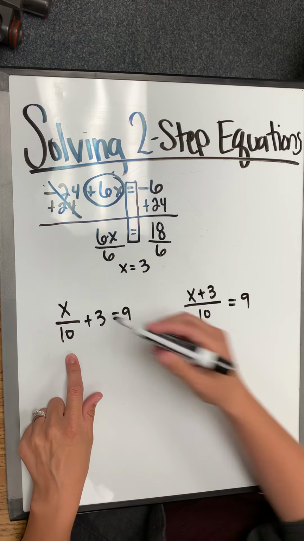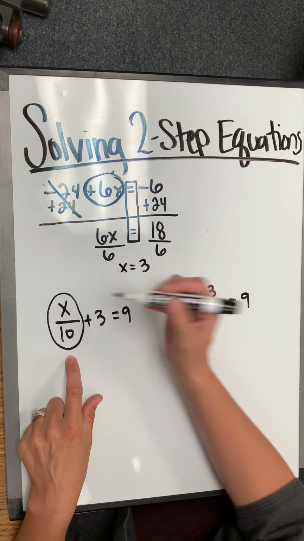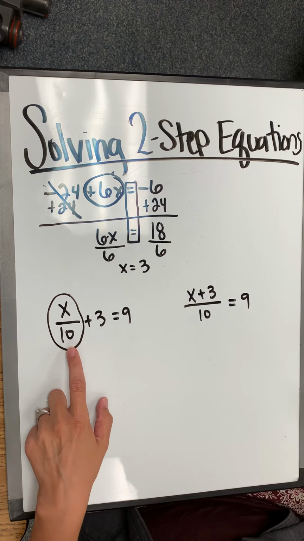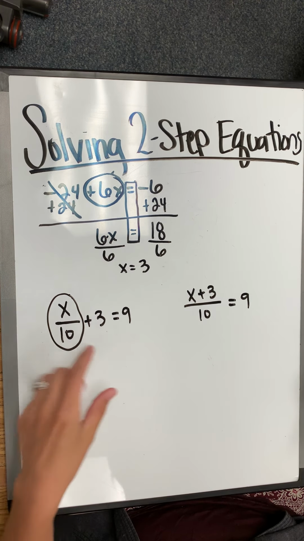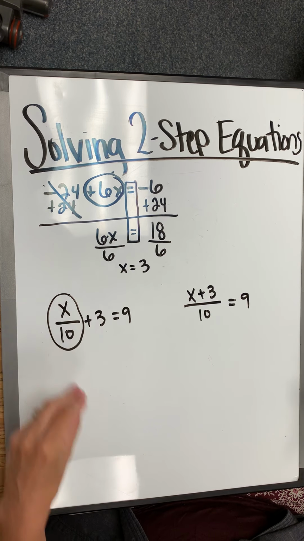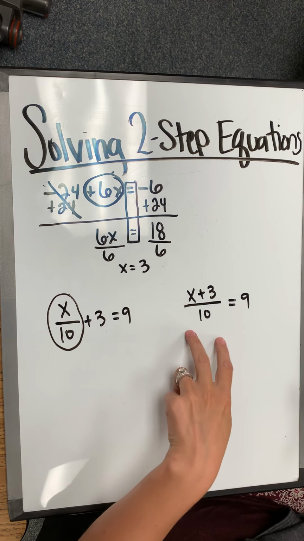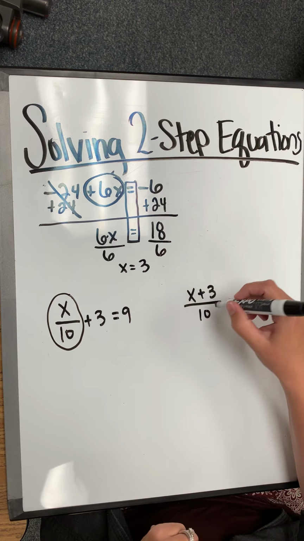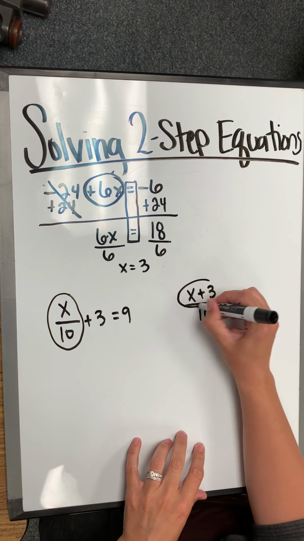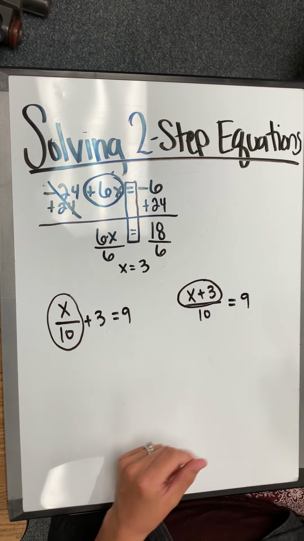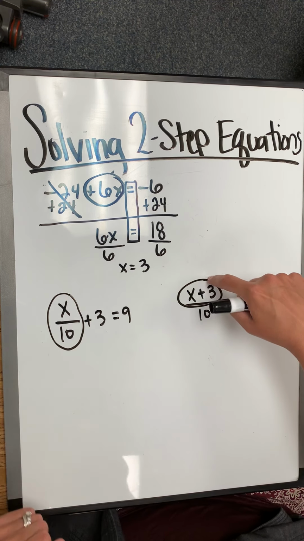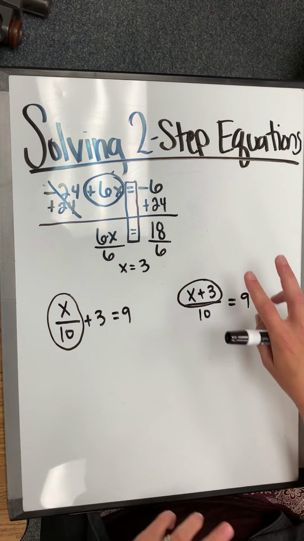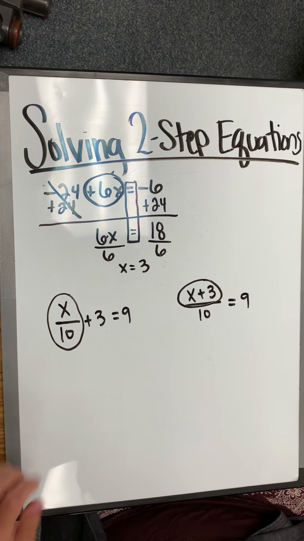In this case, x is connected to divided by 10. And as I read it, it said x divided by 10 is equal to 3. So as you read it, you'll hear what's connected with it. Now over here, we have x plus 3 divided by 10. You'll see that this is connected to your variable. So this is what I'm going to do last over here, and this is what I'm going to do last over here. So hopefully you see the difference there.